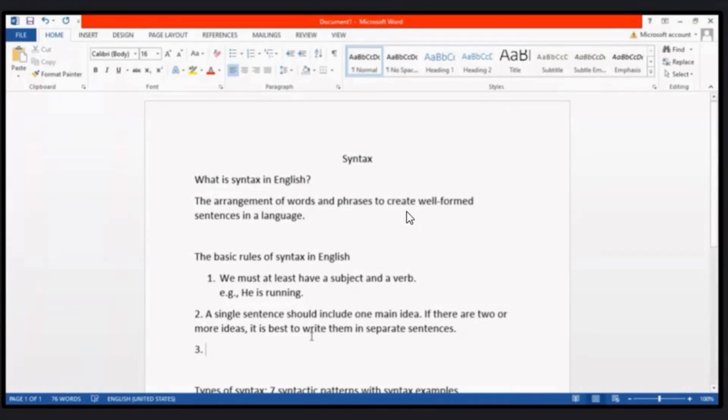Always, এটা কিন্তু মনে রাখবেন যে, first of all the subject always comes first. The subject in a sentence, subjectটা সবসময় আগে আসে, always comes first, followed by the verb, which comes second.